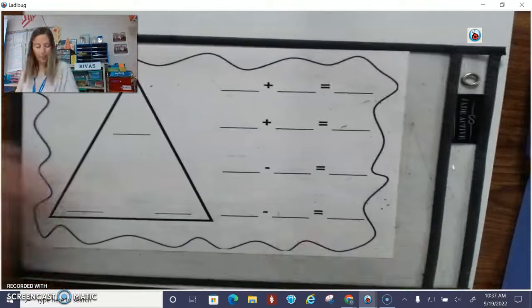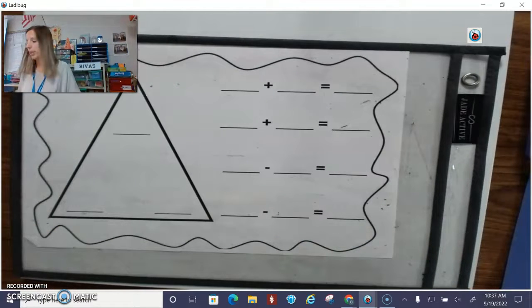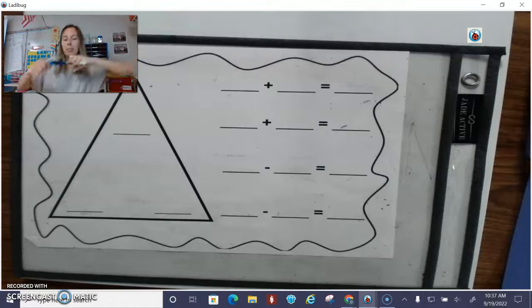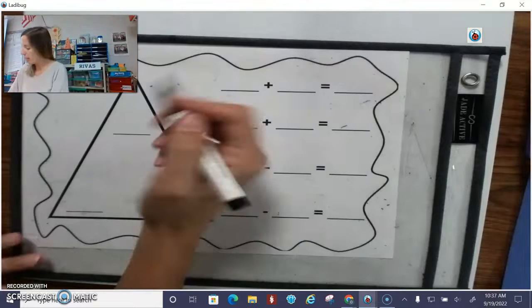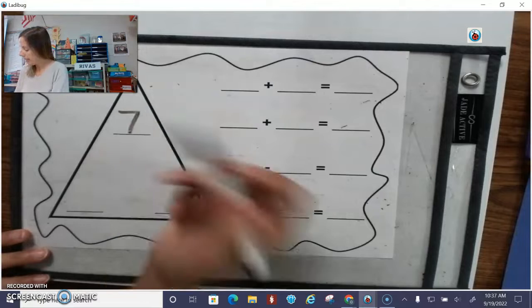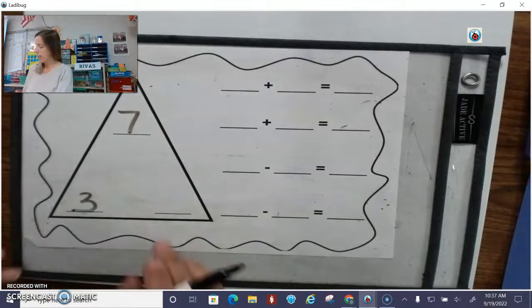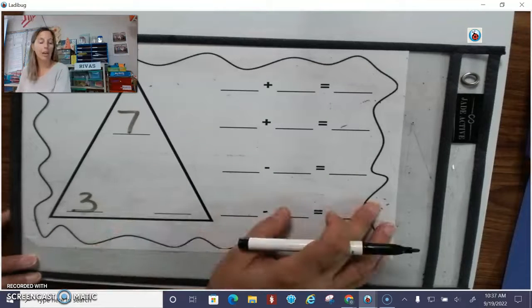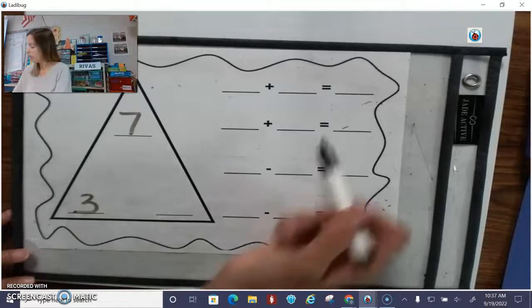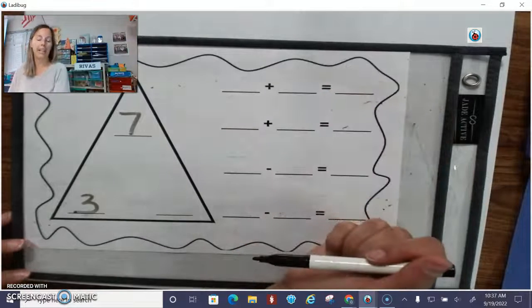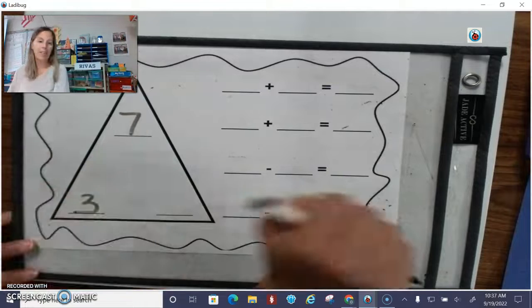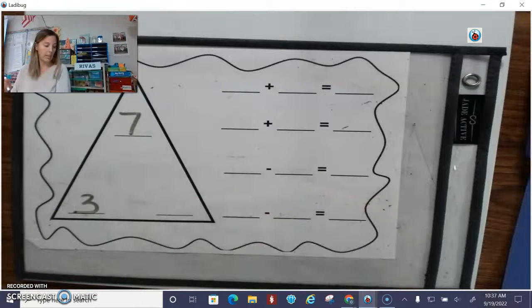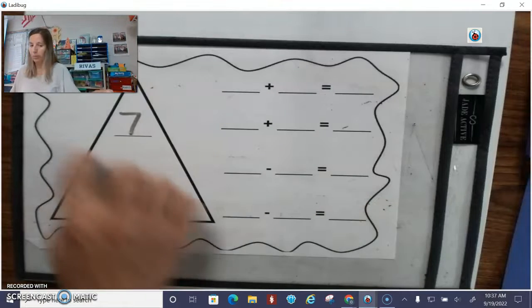So if I give them two numbers, for example the number 7 and the number 3, and I want to figure this one out, I can actually use my fact family equations. The 7 is going to be my total.